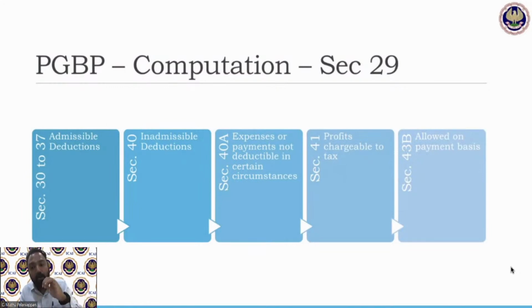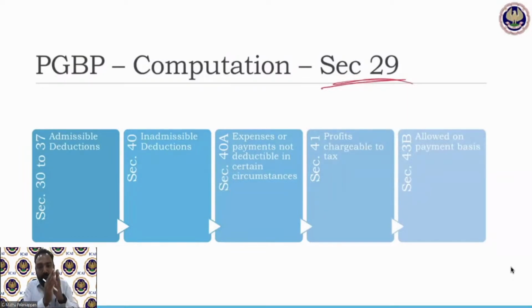Now we need to know what are all the expenditures that will be allowed. The first thing we are talking about here is the structure: what is allowed and what is not allowed. This is discussed in section 29. What does section 29 say?